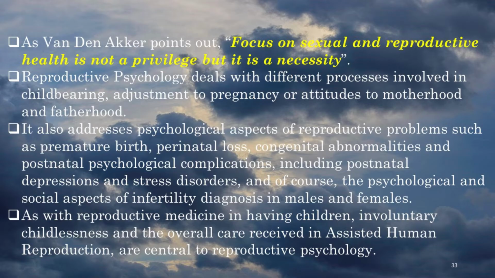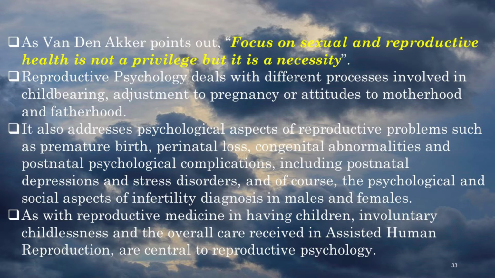Psychological factors and aspects of the human reproductive system. As Van Dan Acker points out, focus on sexual and reproductive health is not a privilege but a necessity. Reproductive psychology deals with the different processes involved in childbearing, adjustment to pregnancy, or attitudes to motherhood and fatherhood.